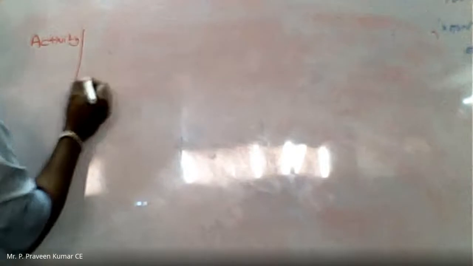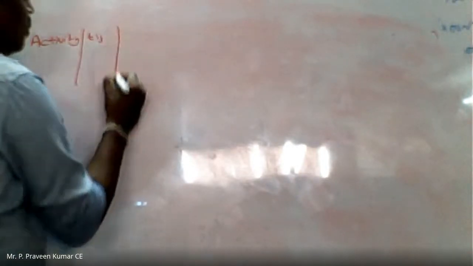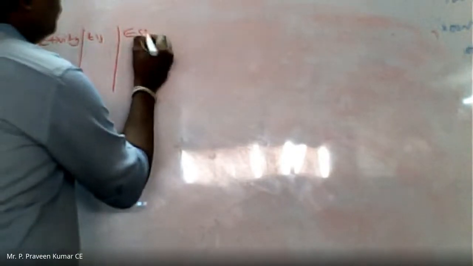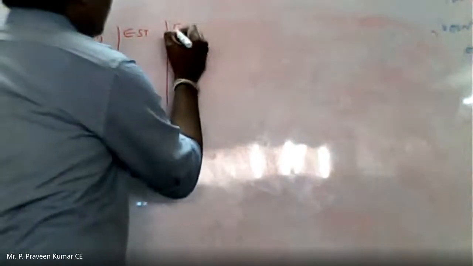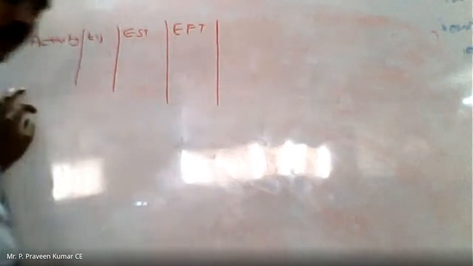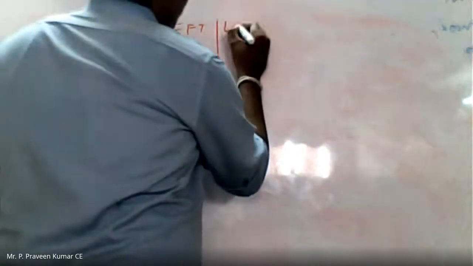Now the first one is activity. The second one is Tij. The third one is EST, earliest starting time. Next one is EFT, earliest finishing time. The order of the table should be kept in mind.